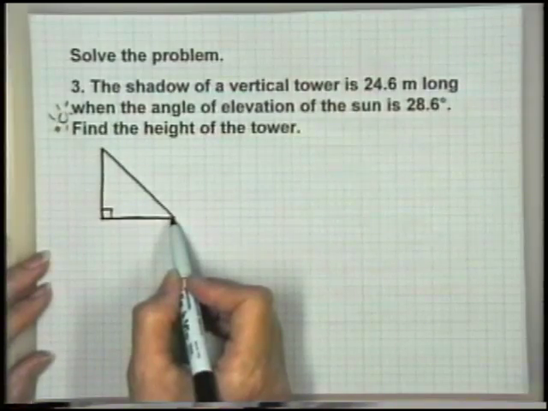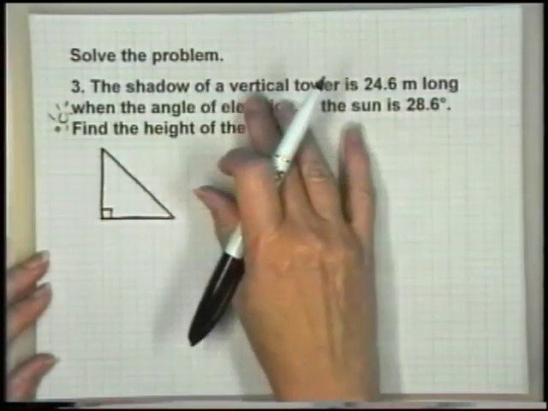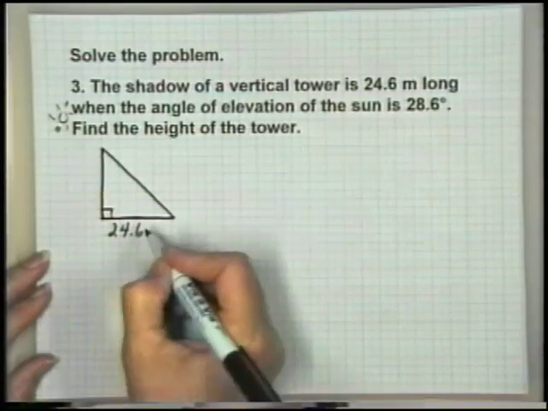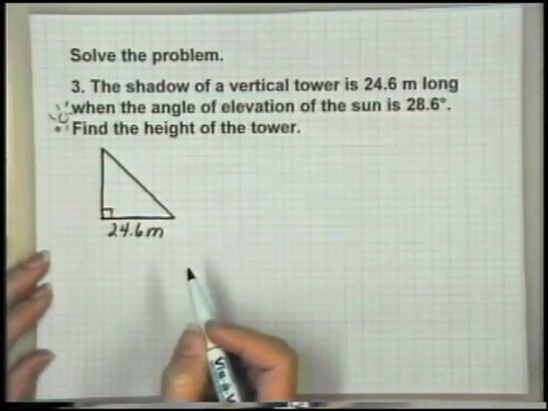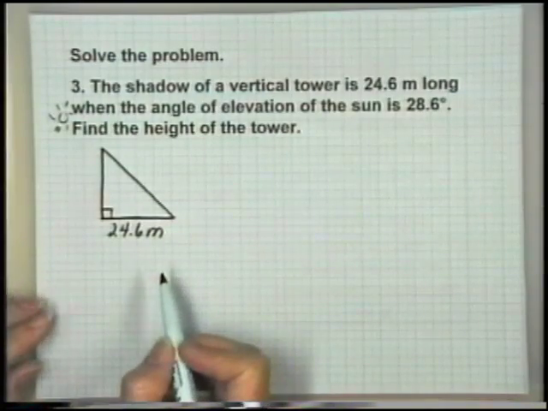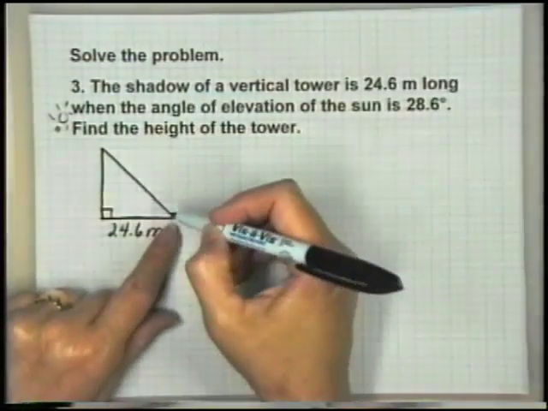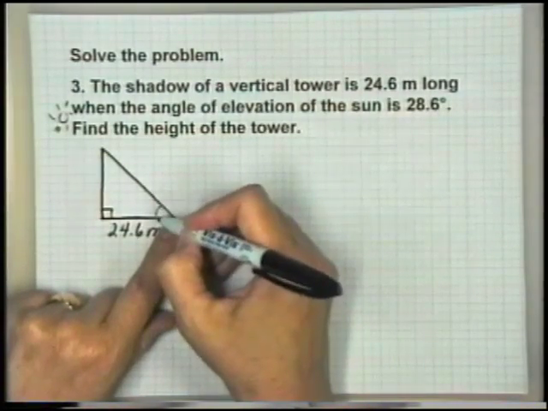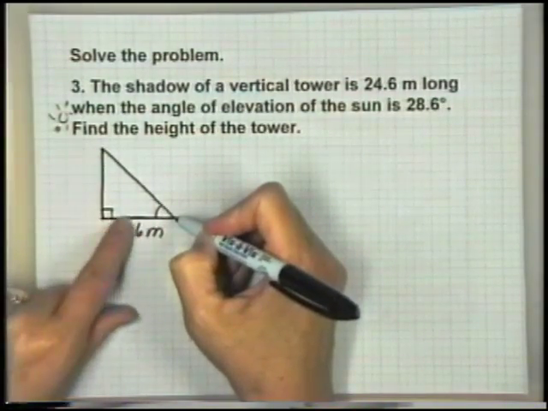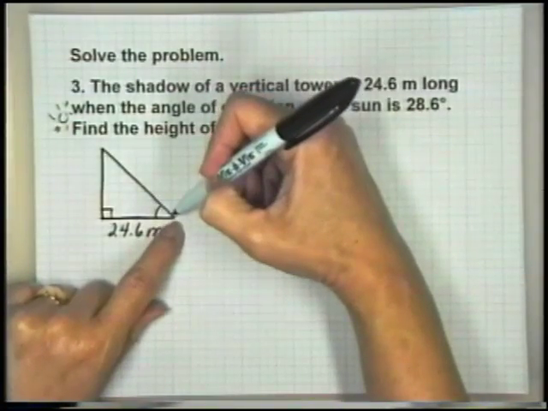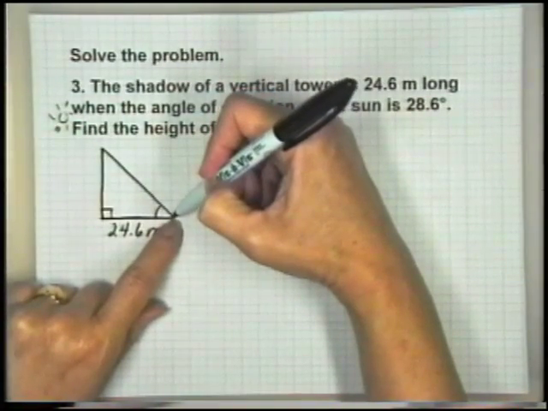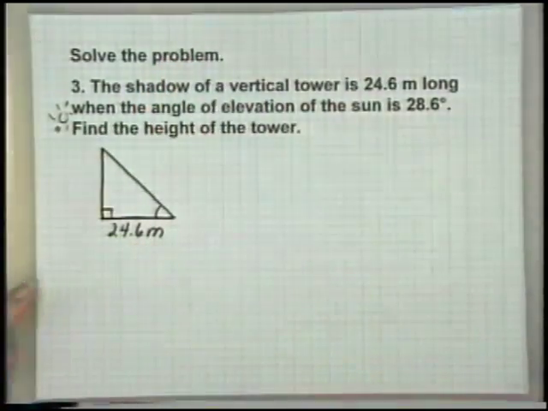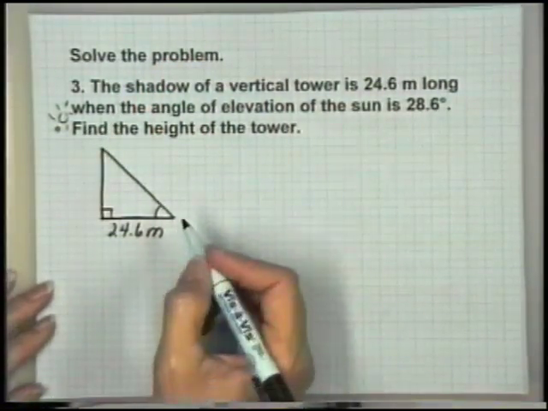And what they tell us the length of the shadow is, let's see, the shadow of a vertical tower is 24 6/10 meters long when the angle of elevation of the sun, well, that would be the angle created right here. It would be the angle between the horizontal and this line that goes from this point on the ground up to the top of the tower.